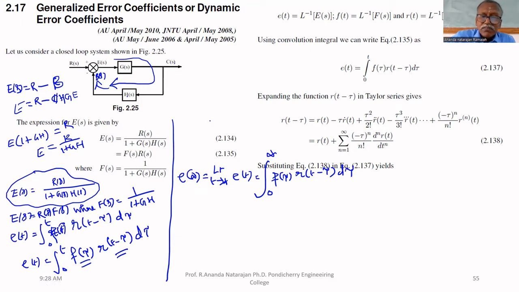But we can write R of T minus tau in a Taylor series expansion.